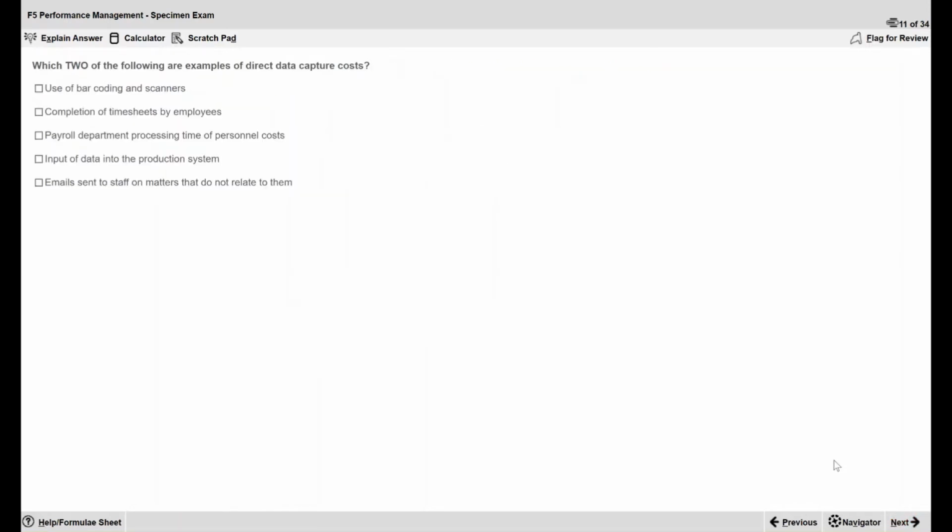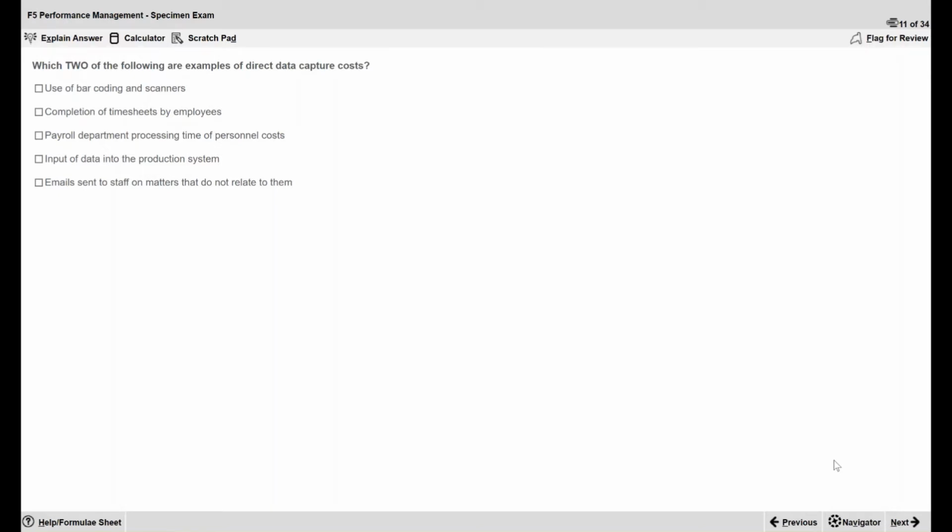Which two of the following are examples of direct data capture costs? Remember, direct data capture, one is processing data, one is capturing data. If data is captured directly, like in barcodes and things like that, we call that direct data capture. So we're not talking about processing, we're not talking about any reports, we're only talking about capturing the data.